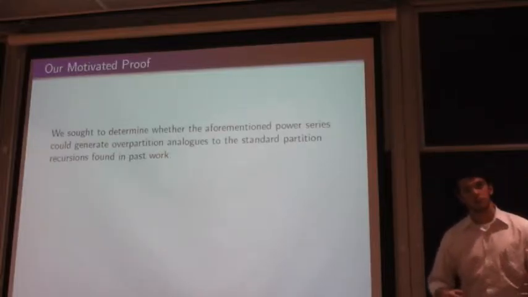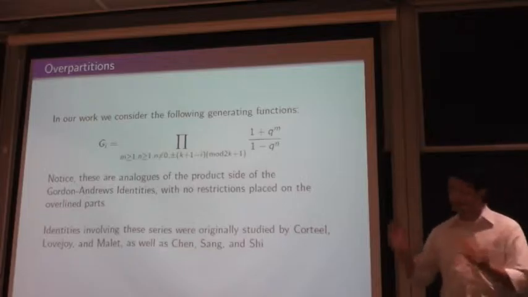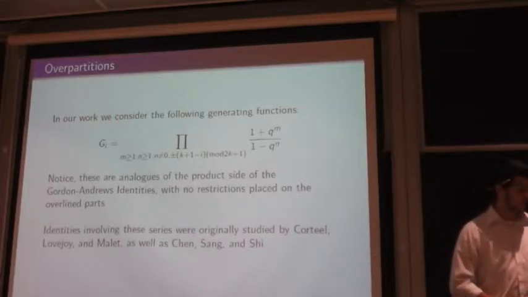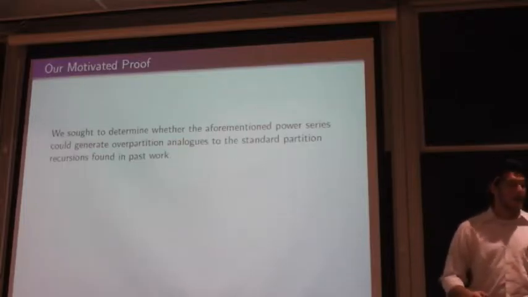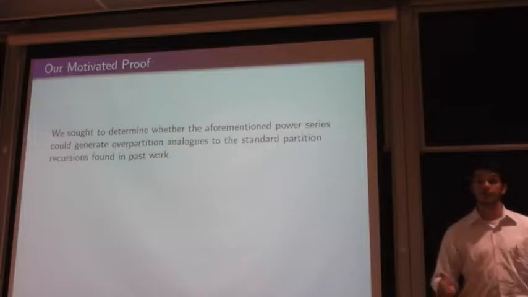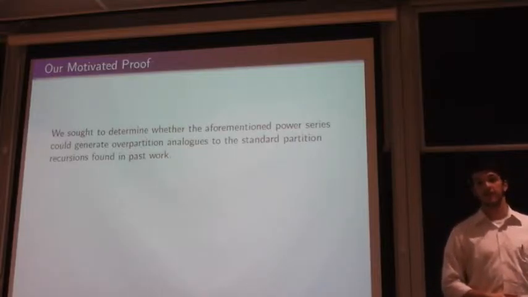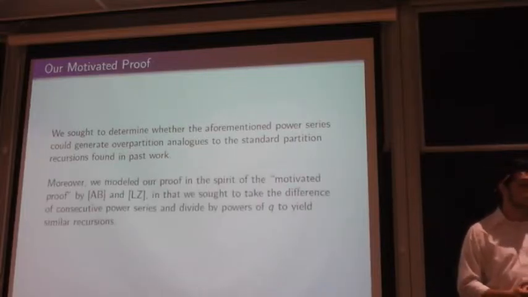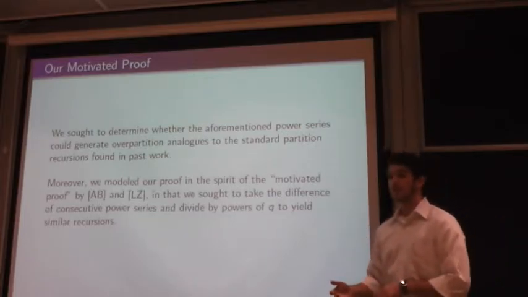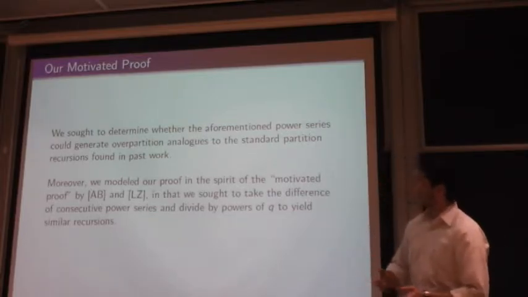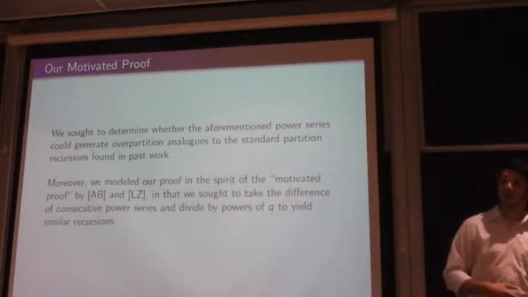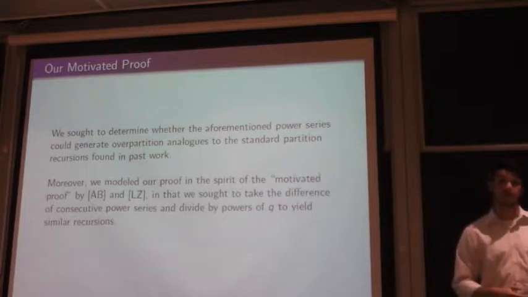We again considered this generating function, this product for these series, and we looked to find overpartition analogs to the original identities found in Lepowsky and Zhu. Moreover, we wanted to further the spirit of the motivated proof, in order to just look at the product side and recover the sum side.